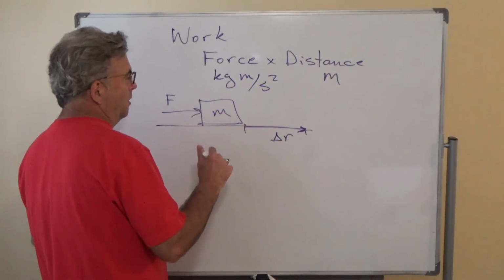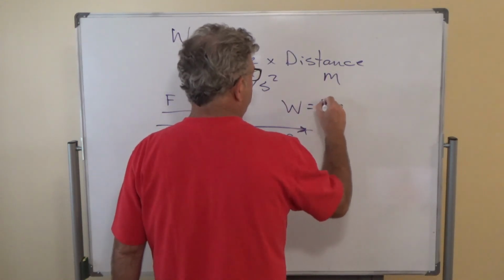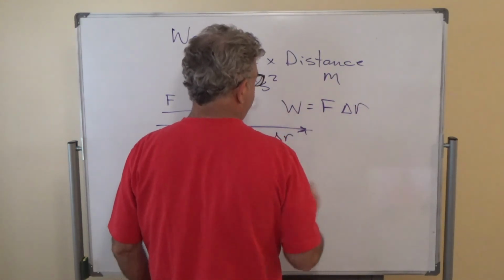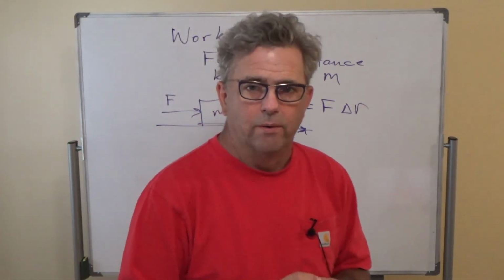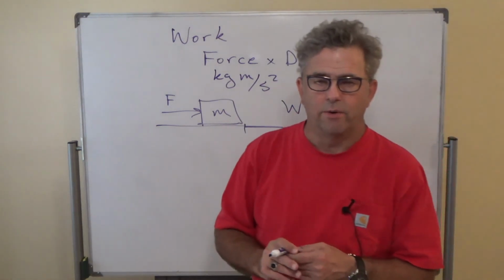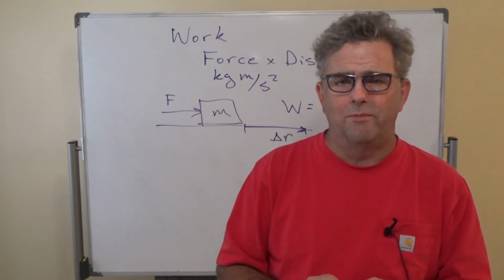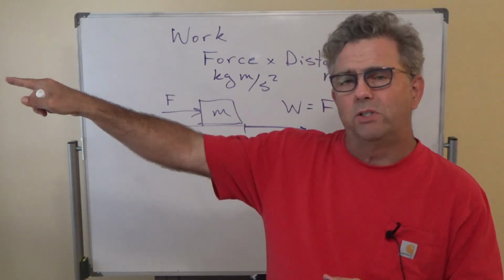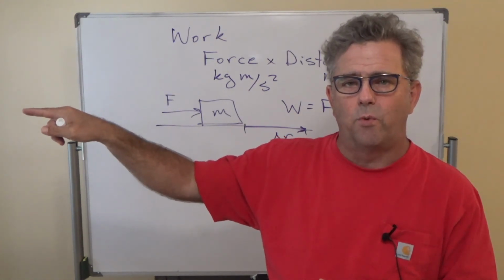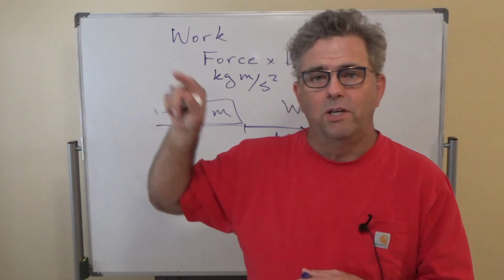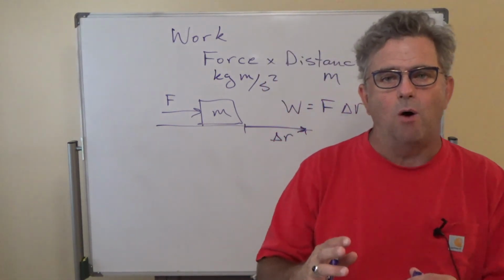So the work would be equal to F delta R. That's it. Work is a scalar. It is not a vector. A lot of times you really want it to be a vector, like, man, this force is pushing this object in this direction and increasing its kinetic energy and so forth. Kinetic energy, which we'll talk about eventually, is not a vector. Work is a scalar. It's an amount.